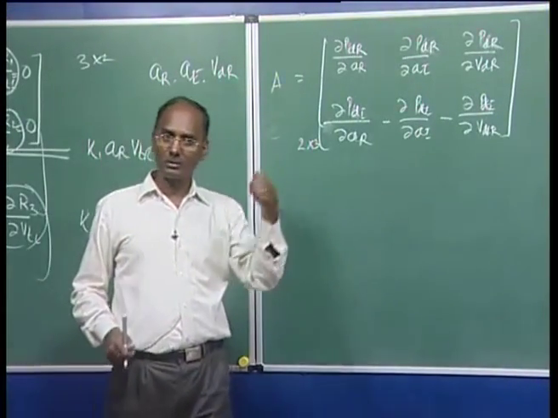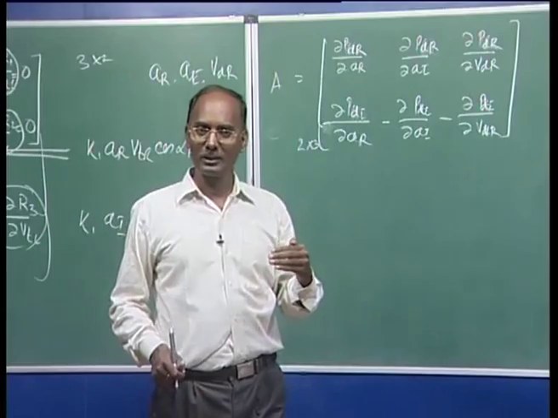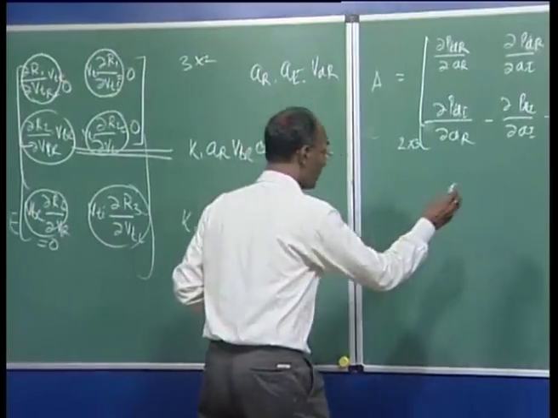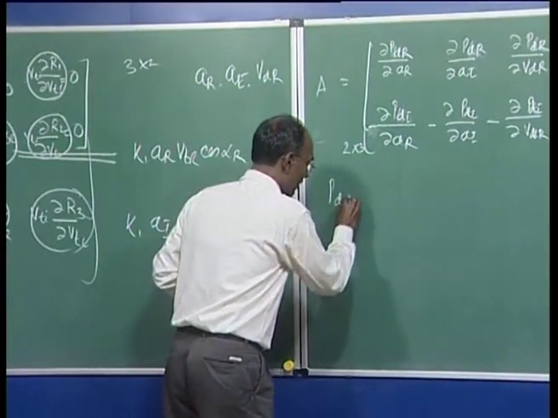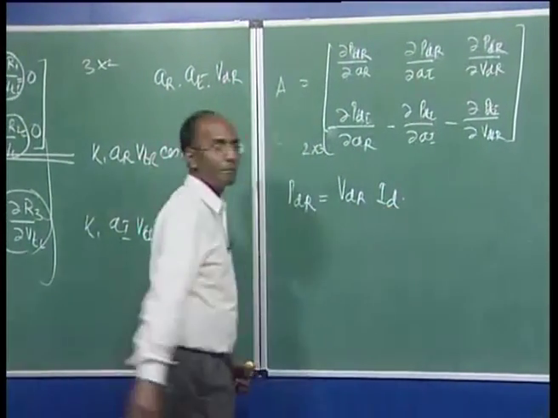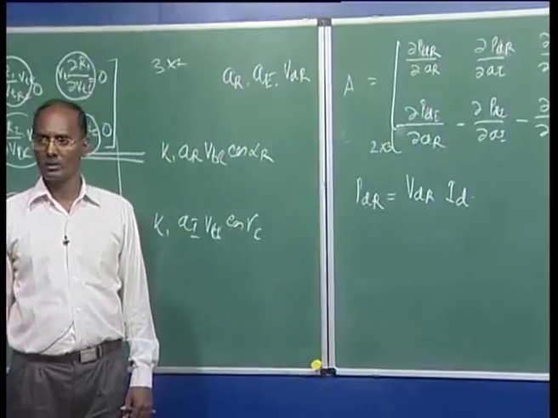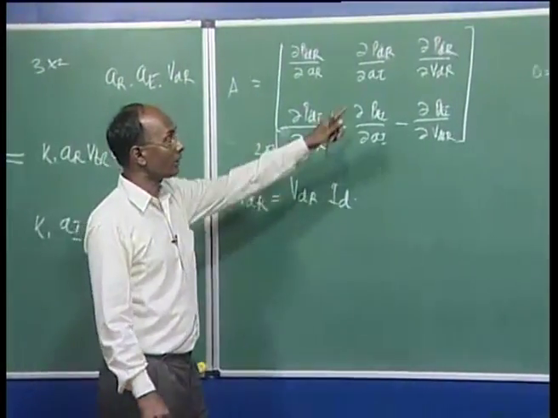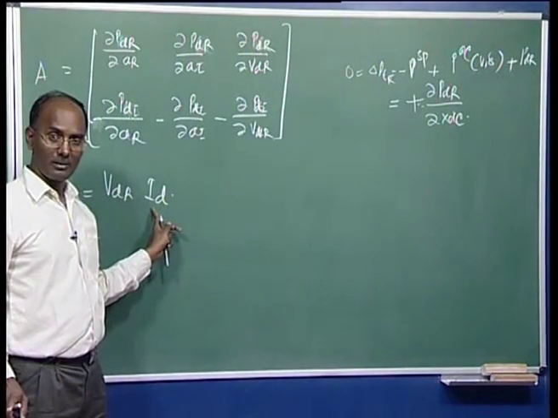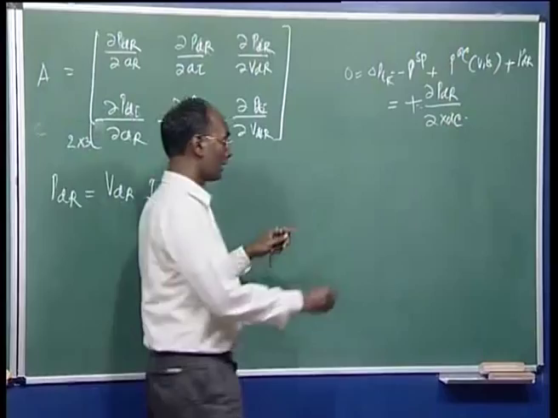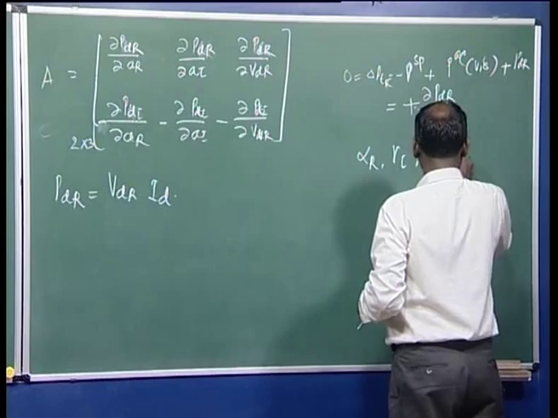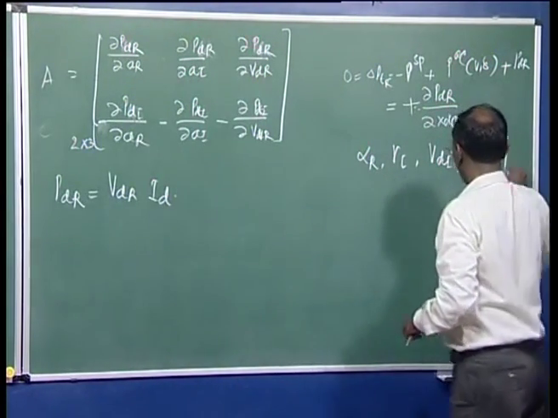If you remember, we wrote the first 1, 2, 3 equations, then later we wrote the equations for the power. The power equation I write here, PDR, is nothing but your VDR into ID. You can see this is a function of one of the control variables. Here I am taking ID as a constant, because our specified variables are alpha r, gamma I, VDI and PDI.